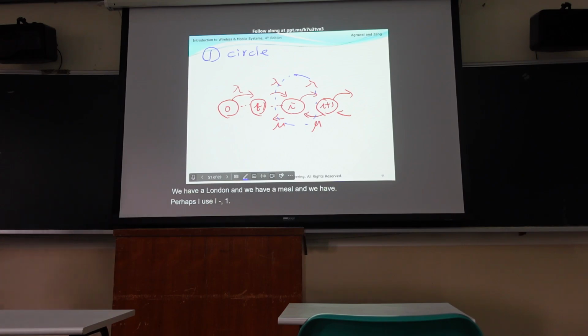If I want to check rate, actually these are rate, and these are rate. And I don't mention the rate. This is arrival rate. And this is the departure rate or service rate.